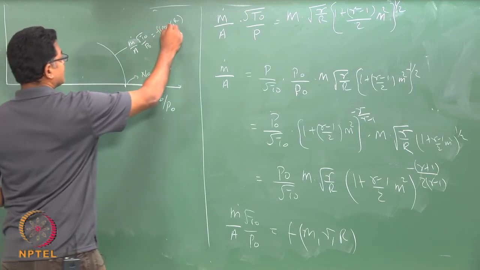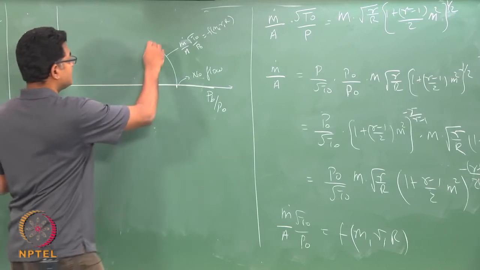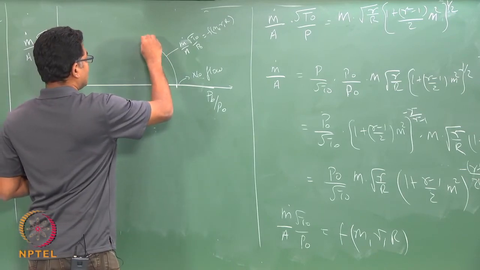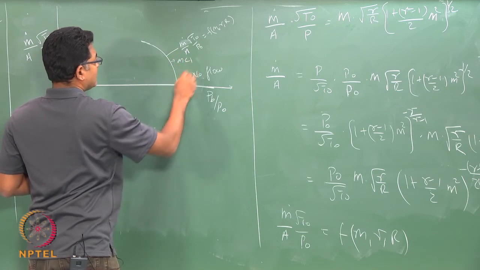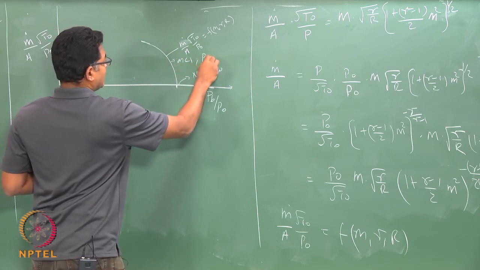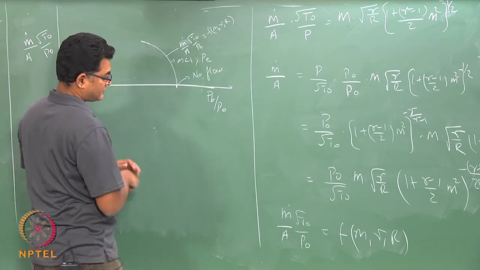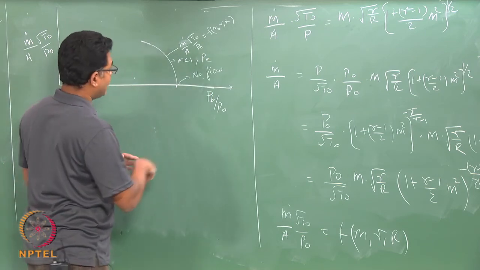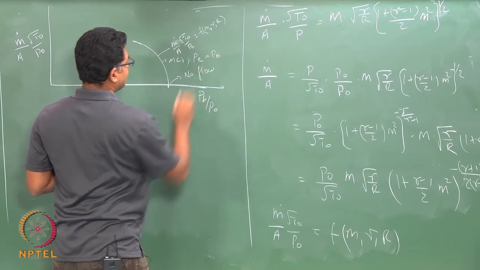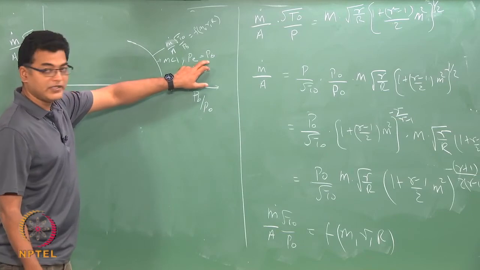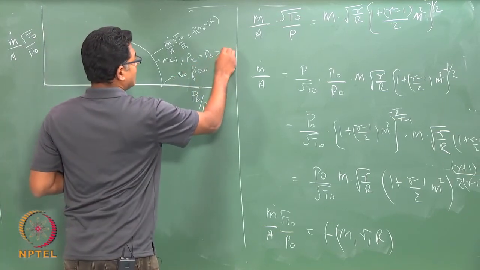Mach number at the exit, because you do not know what is the Mach number at the exit. So this is Mach number less than 1, your P exit is not yet equal to your P star. So your P exit is the same as your PB, which is greater than your P star.